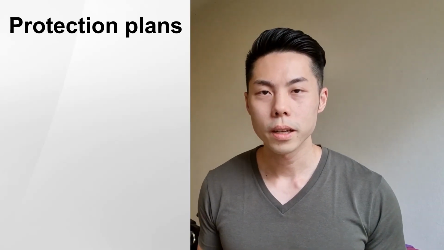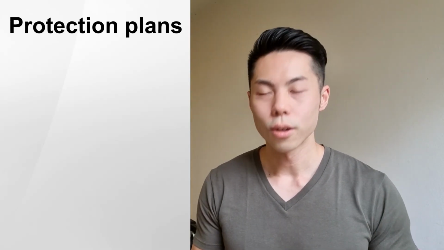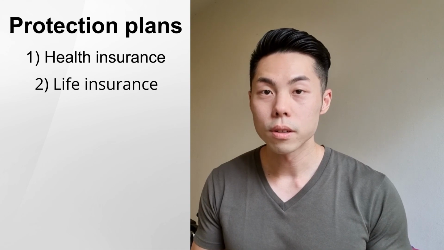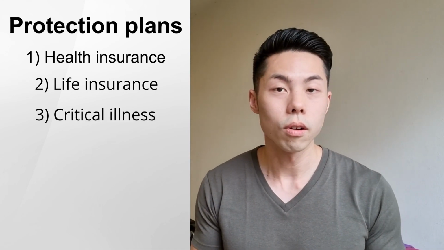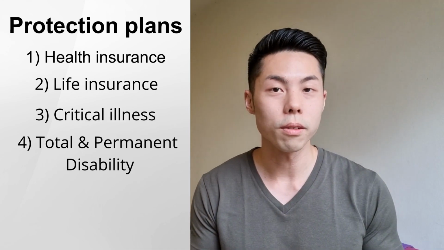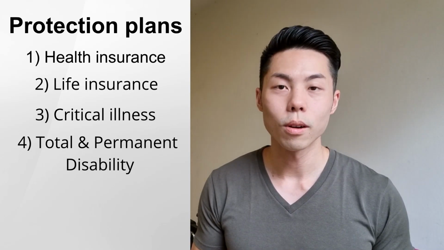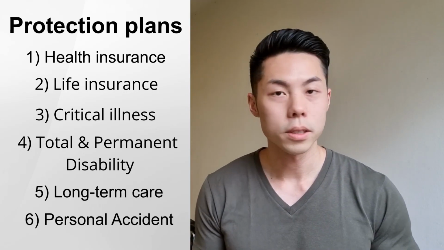Your protection plans are policies like your health insurance, your life insurance with any critical illness or total permanent disability rider. It can also be your long-term care or your personal accident plan. The second tier, which is savings and investment, is basically anything that can help you grow your money.